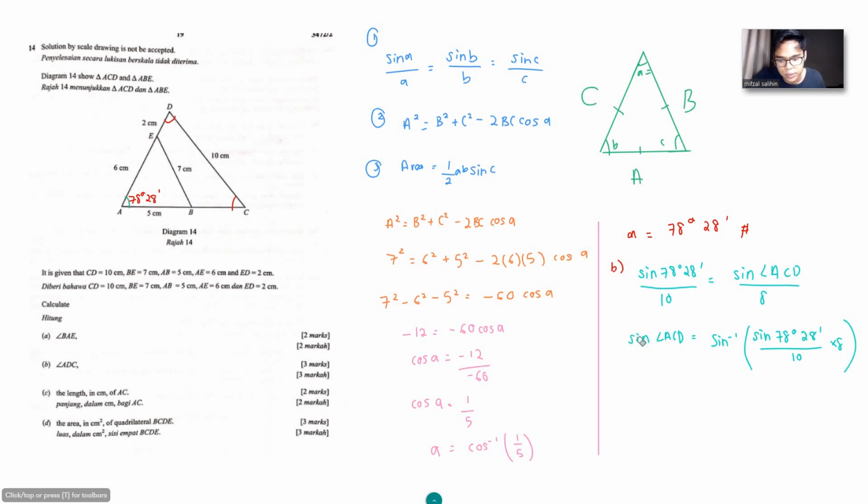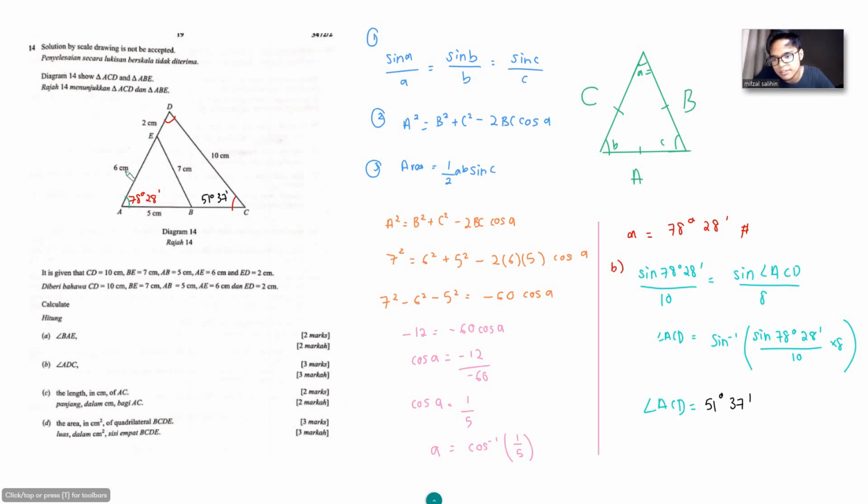So now we no longer have this sine over here. So the angle of ACD is equivalent to, we'll just plug everything inside the calculator and we'll get the answer. So we'll get 51 degrees and 37 minutes. So now we can just label here 51 degrees 37 minutes.